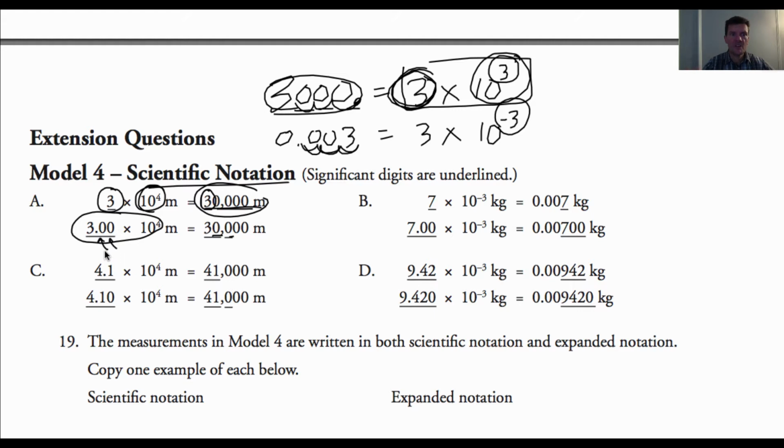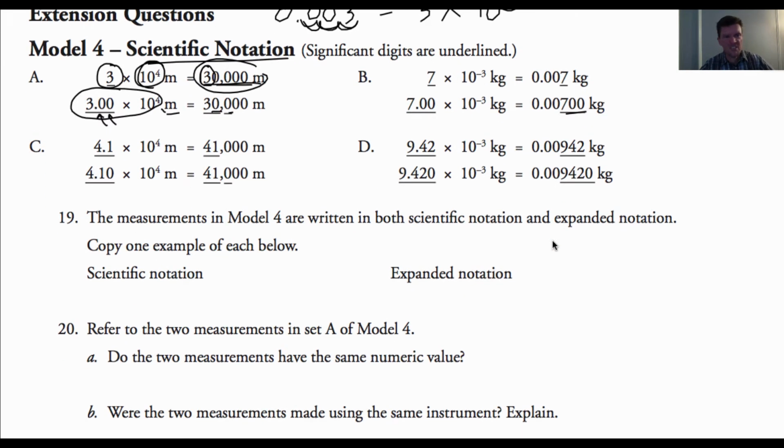And you're telling the reader, I've measured this to the nearest hundredth of a meter. 7 times 10 to the negative third is 0.007, but 7.00 times 10 to the negative third is 0.00700. It's got 3 sig figs. Okay? So let's just use this model now to answer some of these questions.